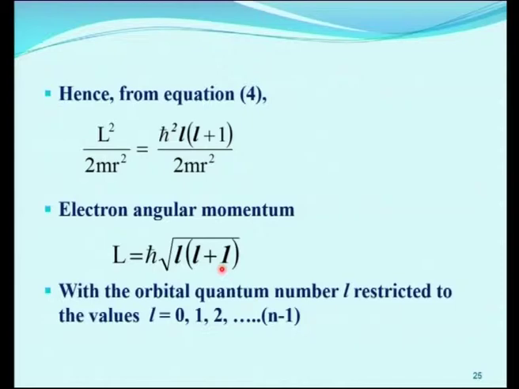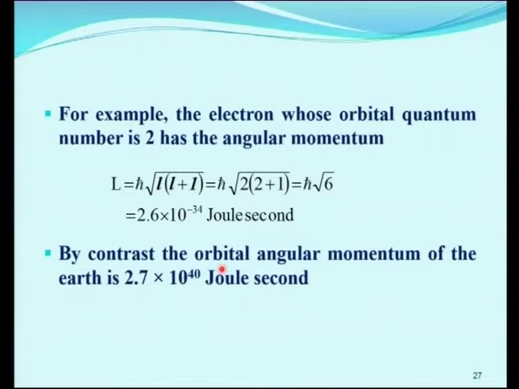In macroscopic planetary motion, as in the case of energy, the quantum number describing the angular momentum is so large that the separation into discrete angular momentum states cannot be observed. For example, consider an electron whose orbital quantum number l is 2.